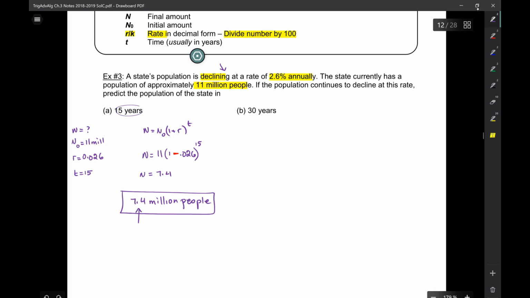3, and I say this again, I was talking about this a little bit yesterday. I say this to my own children when they're doing math at home. At the end, ask yourself, does my answer make sense? Because this population is declining. We started with 11 million people. So if you get an answer of 20 million people, that does not make sense. What have you done?